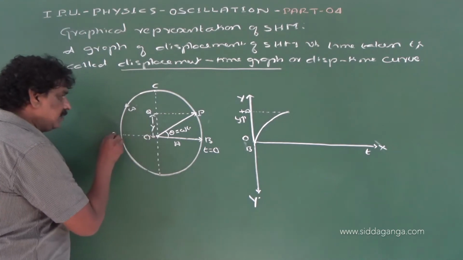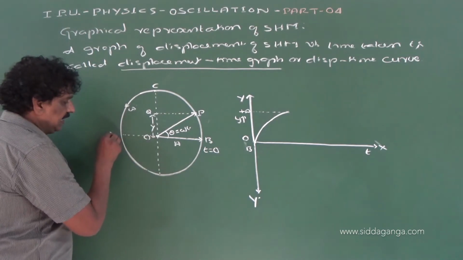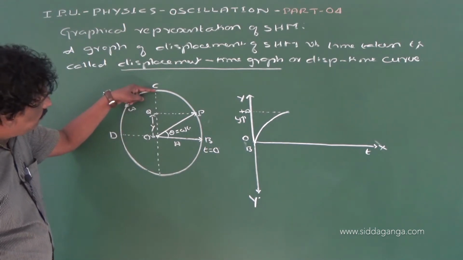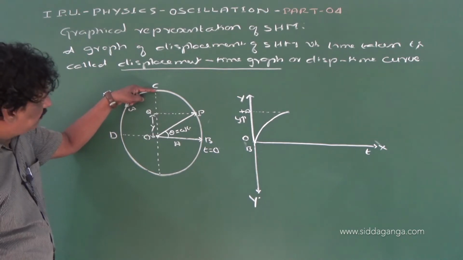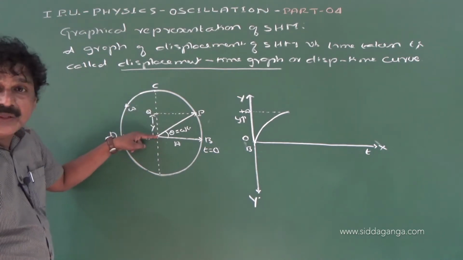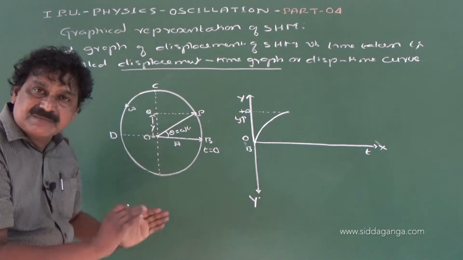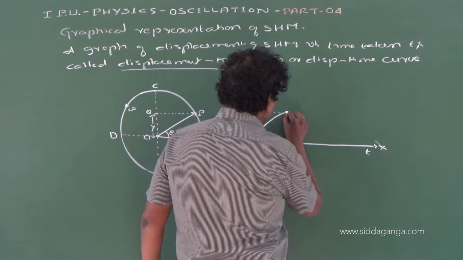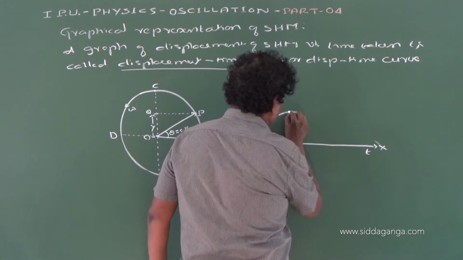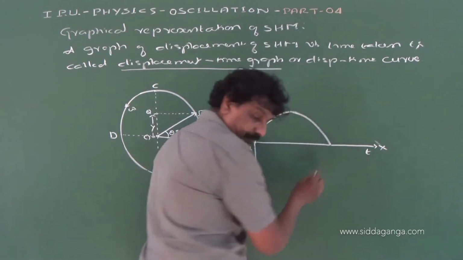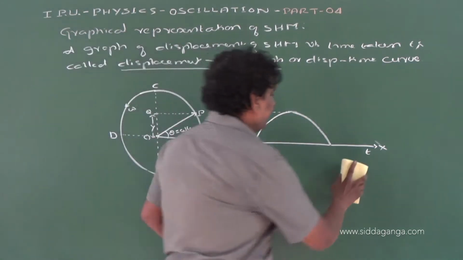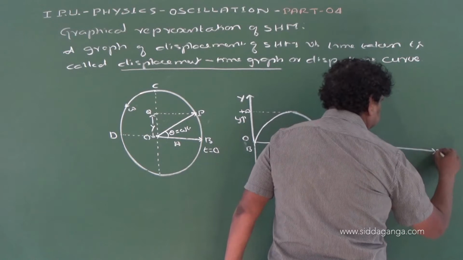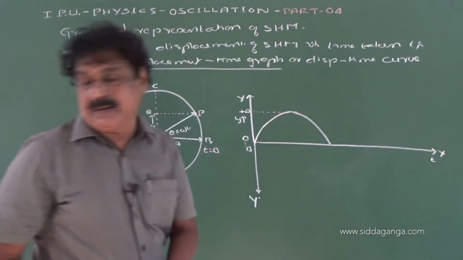When the particle moves to position D, the simple harmonic motion starts moving from C to O with passage of time. Here displacement decreases with time. So it can be represented like that.